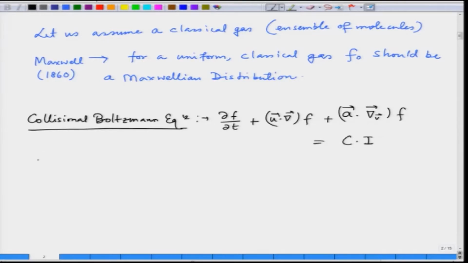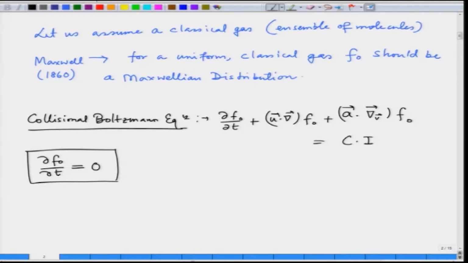Now, we have to construct by using step by step assumptions the form of F0, okay. So, if this is true for all F, then of course, this is also true for F0. Now, one thing we have to understand is that if the gas is left for a long time, it will tend towards an F which is equal to F0, and that F0 should not explicitly depend on time.